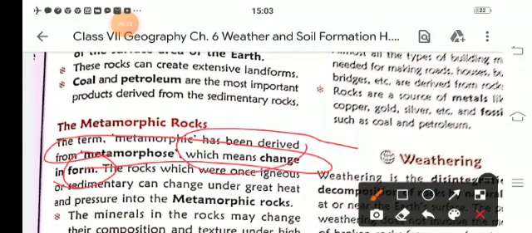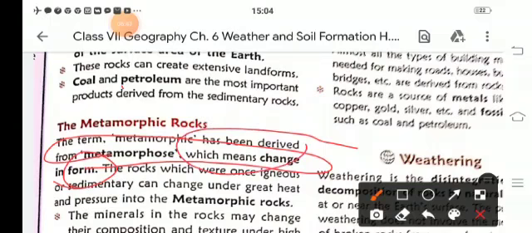That means it was previously something different, and later on it has been changed. How has it been changed? The minerals in these rocks change their composition and texture under high temperature and pressure.